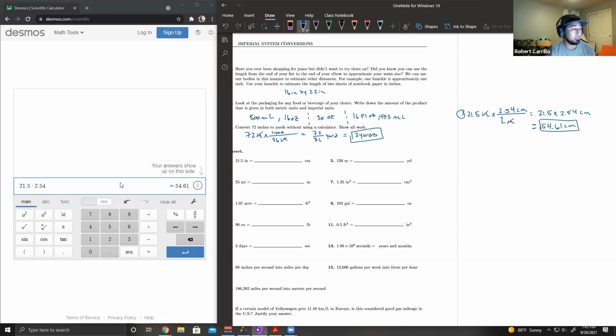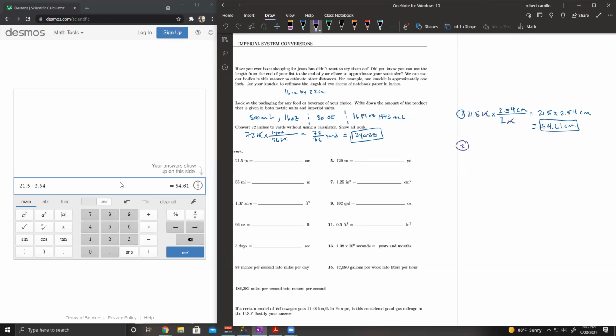Okay. Any questions on that? Have you guys seen conversion tables before? It's been a while for me, but it's coming back. All right. Of course, it all takes practice.